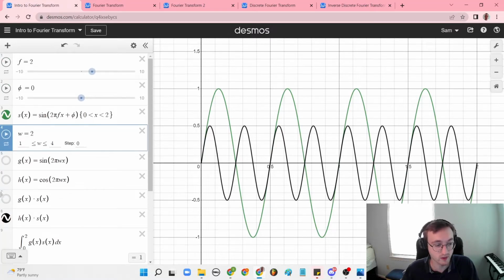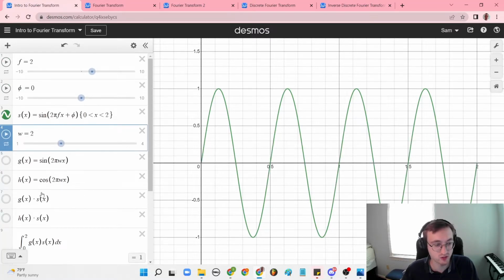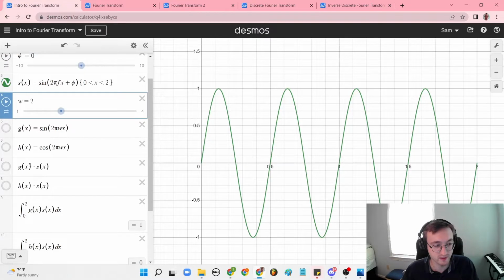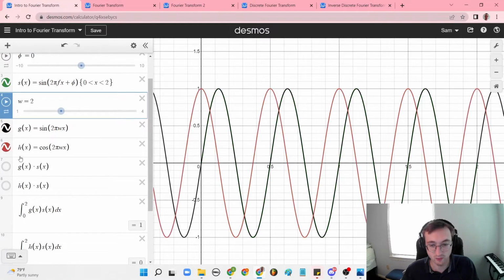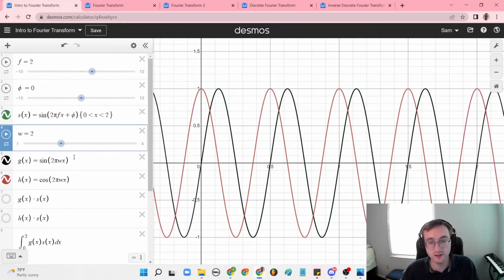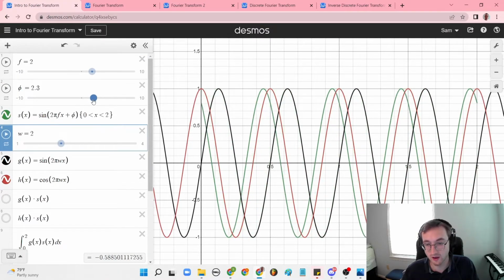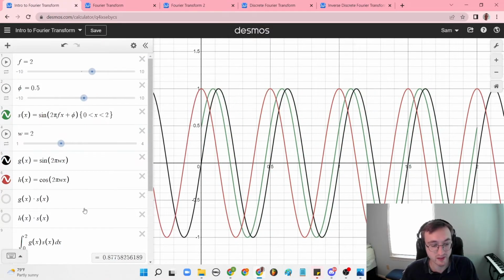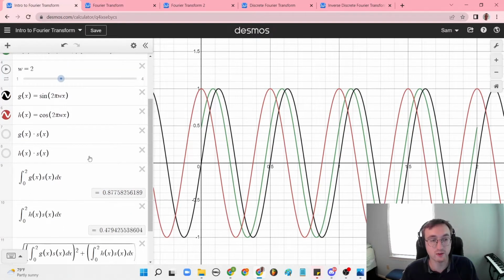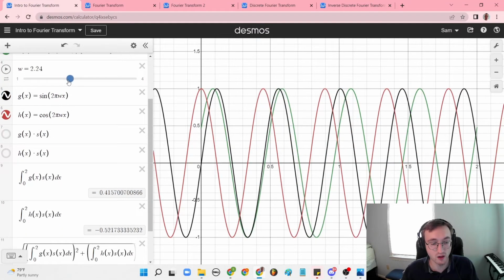So now, if I just show both of these waves, the sine and the cosine. Now, if I change phi, which is the phase of the initial wave, the integrals change for the sine and cosine waves themselves.